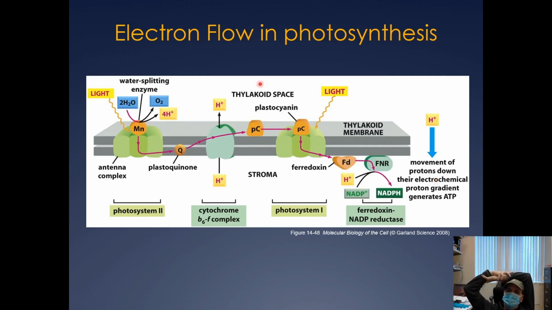Okay, so here it is. This is very similar to the electron transport chain in mitochondria, except this is using photosynthesis. So it starts off with photosystem 2, which absorbs light energy. You have this water splitting molecule, which will then steal the electrons from water and releases oxygen and 4 protons, and then the electrons eventually go on to quinone.